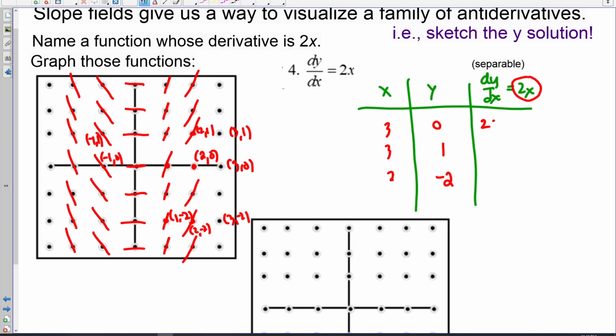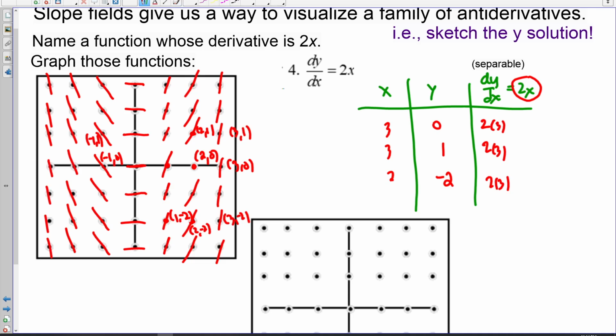This would be 2 times 3, which is actually 6. So even a steeper slope, something like this, all the way down. And over here, if I put in negative 3, it'd be negative 6. So I'll draw something super steep, and it's probably a little bit steeper, all the way down.